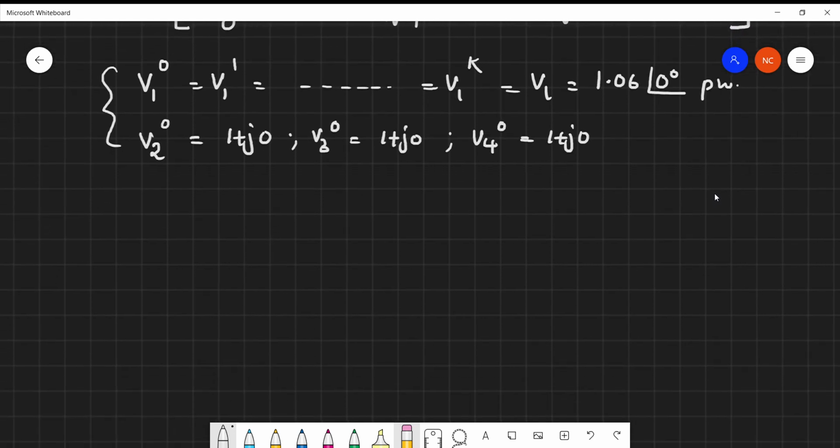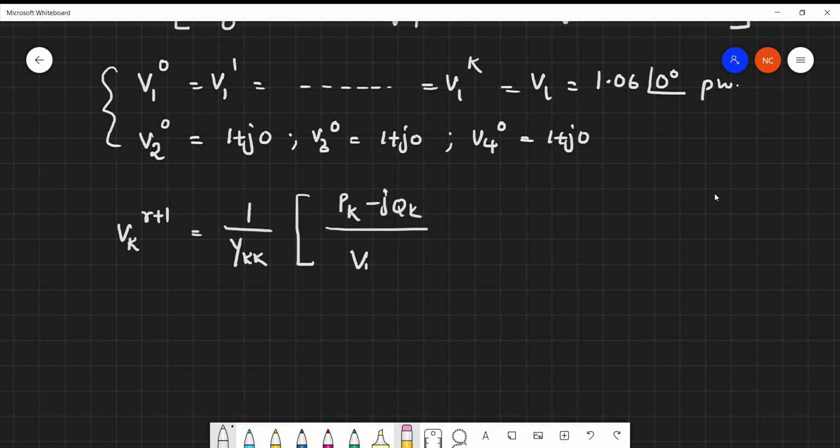So we all know the voltage at the kth bus at the (r plus 1)th iteration is 1 by Ykk into (Pk minus jQk) by Vk^r conjugate, minus sigma i equal to 1, i not equal to k, to n, Yki Vi^(r+1).